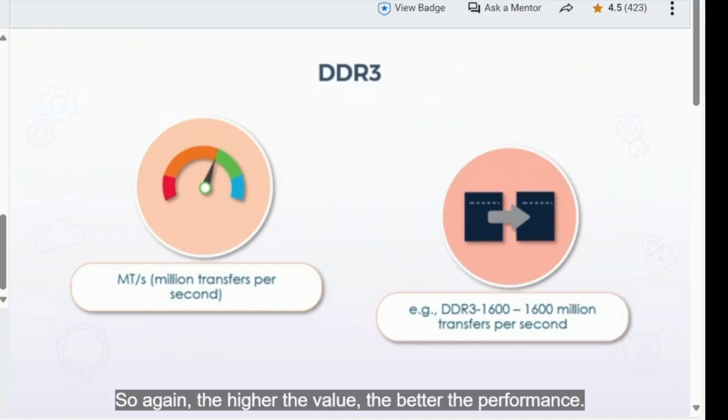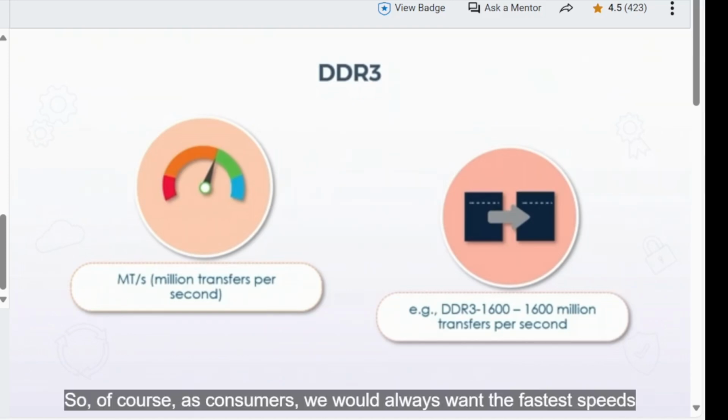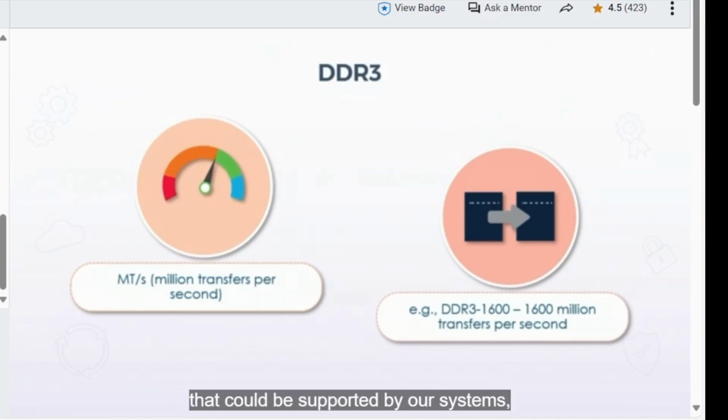So again, the higher the value, the better the performance. So, of course, as consumers, we would always want the fastest speeds that could be supported by our systems, but like anything, the higher the performance level, the higher the cost.